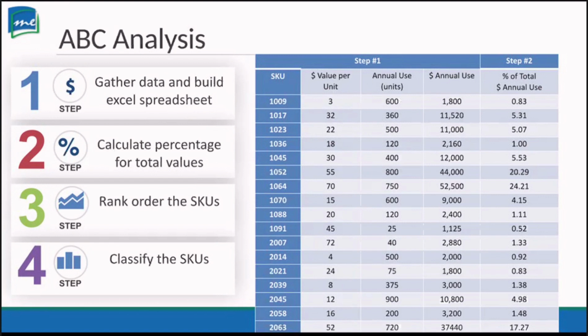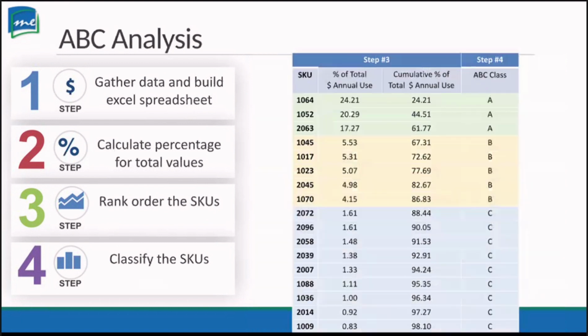So you need to rank the SKUs according to the percentage of the total dollar annual use. And then, according to the numbers you have after you rank them, you can classify the different SKUs into the different categories.